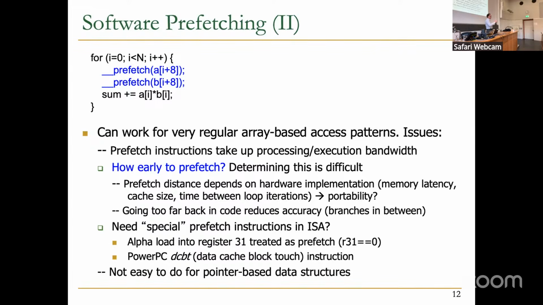And then you optimize this beautiful code and your prefetches are generated at the right time, let's say. That's great. Now, if you port it to some other architecture with some other memory latency, some other cache size, etc., the same optimized code doesn't work too well, right? Because your optimization is really fundamentally microarchitecture dependent. So this is the code portability issue. Not portability in terms of functionality, but portability in terms of performance.